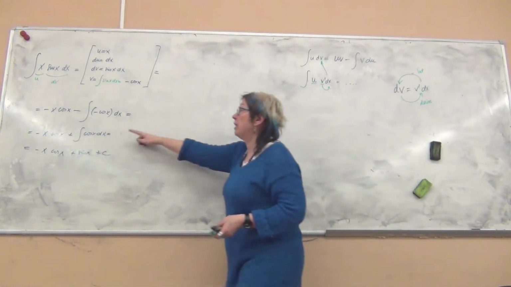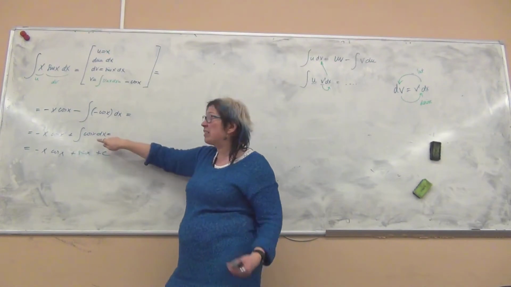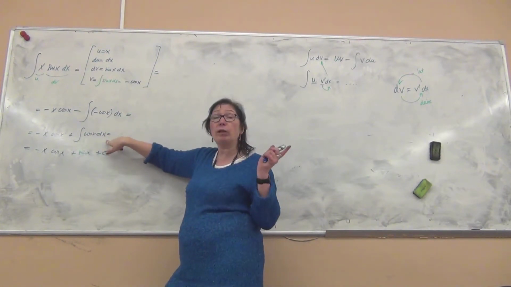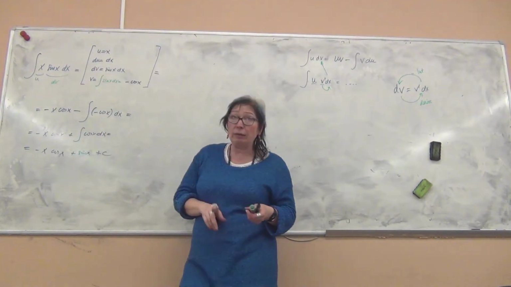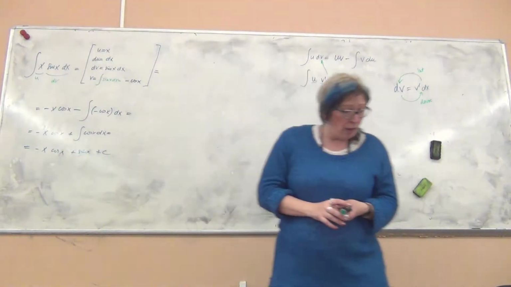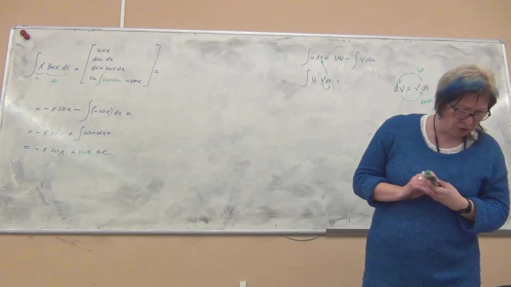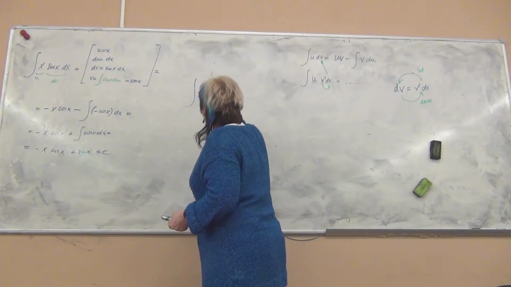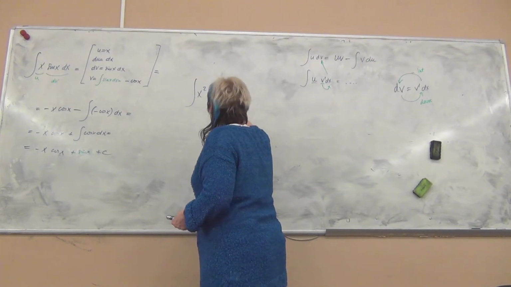If this integral is indeed simpler than the original one, but it's still a product, you still need to apply the formula a second time, so you have to repeat the process. Sometimes it happens. Let's have a look. Alright. X squared sine x dx.